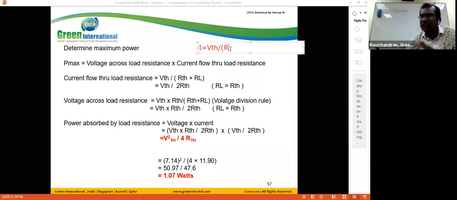Both are connected in series, so RTH plus RL.